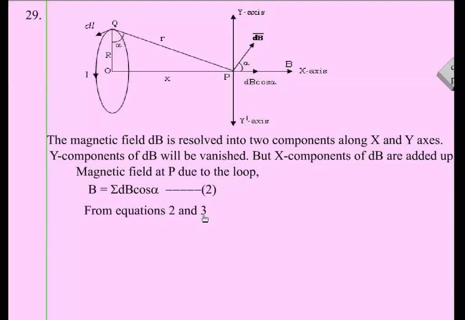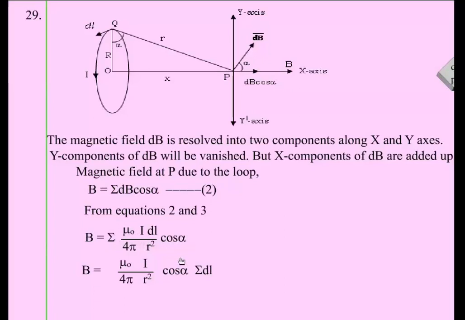From equation 2 and 3, this is 2, equation 3 for dB, that is mu naught by 4 pi, I dl sin theta by r square. So look here, for dB, summation of mu naught by 4 pi, I dl by r square, and cos alpha. Mu naught by 4 pi, I, r square, all these are constant, therefore take them outside the summation symbol.